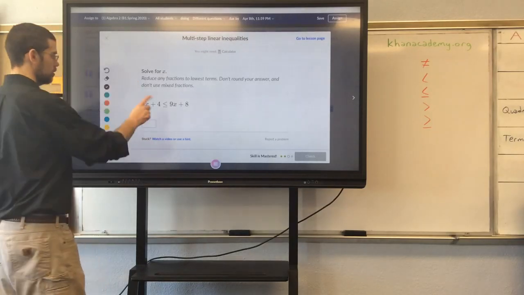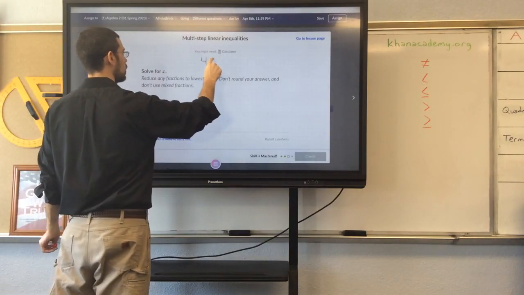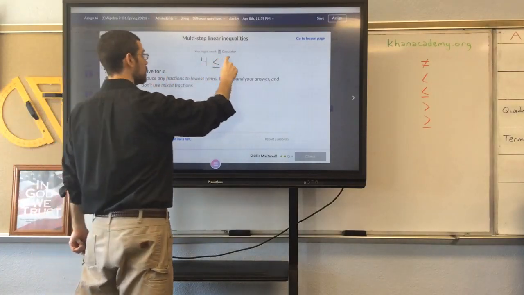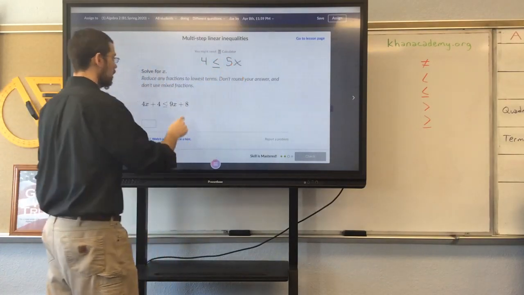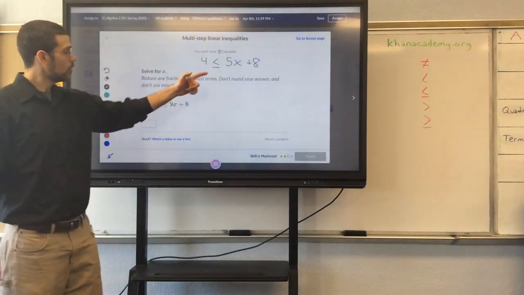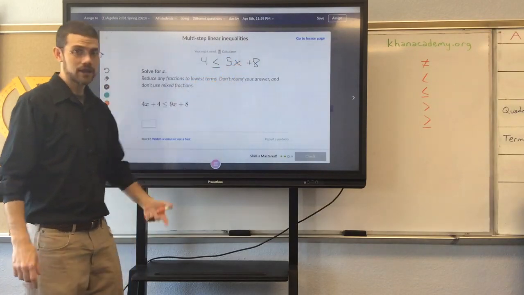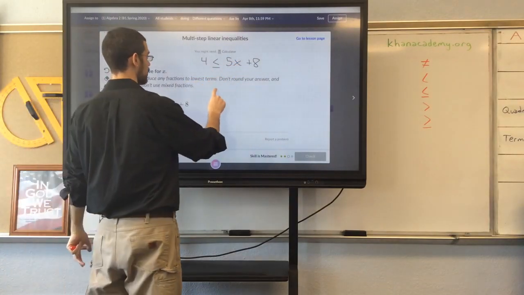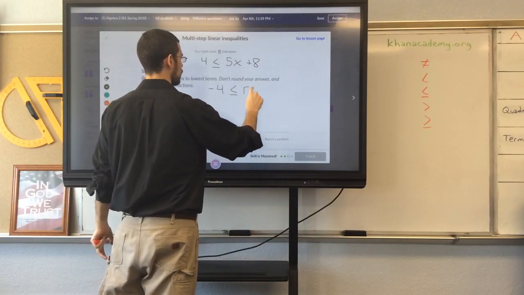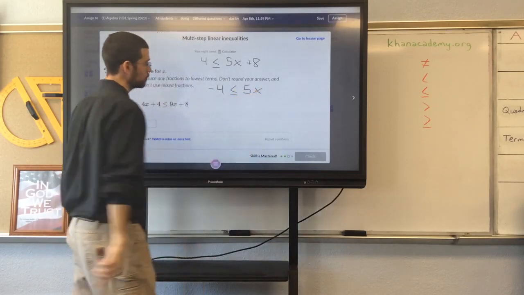That means we have to take them away or subtract them. So subtracting 4x from both sides gives us 4 is less than or equal to 9x minus 4x is 5x, and we still have 8 on this side. Now, we want to isolate x, so we're going to subtract 8 from both sides, and we get negative 4 is less than or equal to 5x.